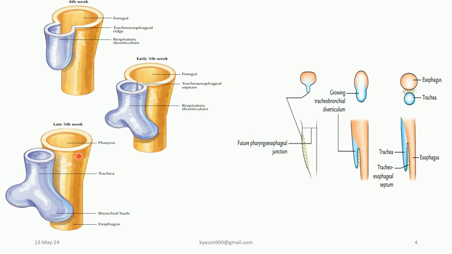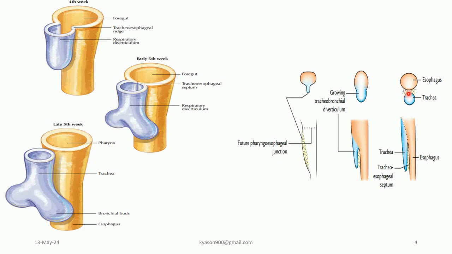So these structures have to be completely separated from the respiratory system structures, and that complete separation normally is attained because of the formation of what we call the tracheoesophageal septum.